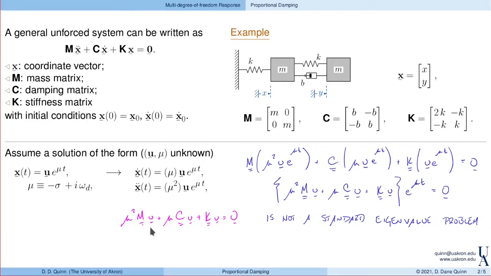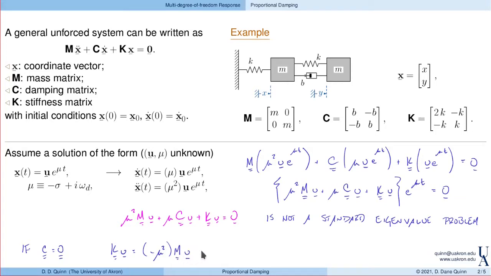So in principle, we could solve this, and we could find mu, which would be like the eigenvalues. We could find u, which would be the eigenvectors, right? But it's different. And in particular, this problem is much larger than the standard eigenvalue problem that we would have if c is equal to 0, right? So if there's no damping matrix here, then we end up with k u equals minus mu squared m times u.